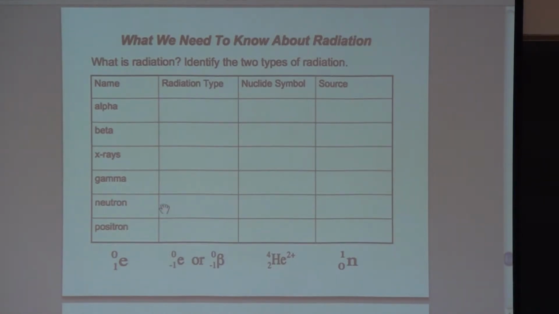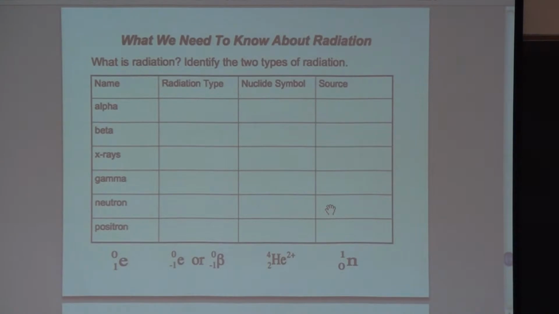So can you name a source of neutrons? Yeah, so what's in the neutron bomb? I can also tell you that, for example, in a nuclear reactor used to produce energy, the uranium, which undergoes nuclear fission, also produces neutrons.